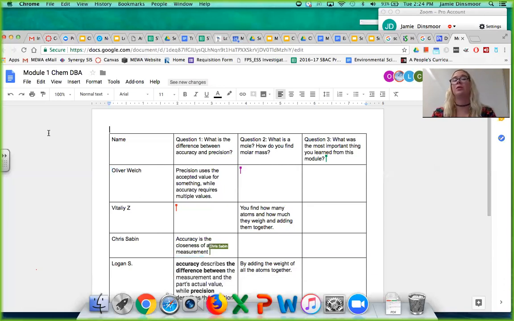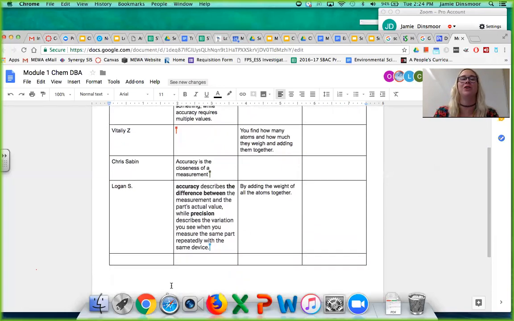Oh, I like what Chris wrote here. Accuracy is the closeness of a measurement. I like how Logan is just going to copy paste something I'm guessing from his notes. Accuracy describes the difference between the measurement and the part's actual value, while precision describes the variation you see.